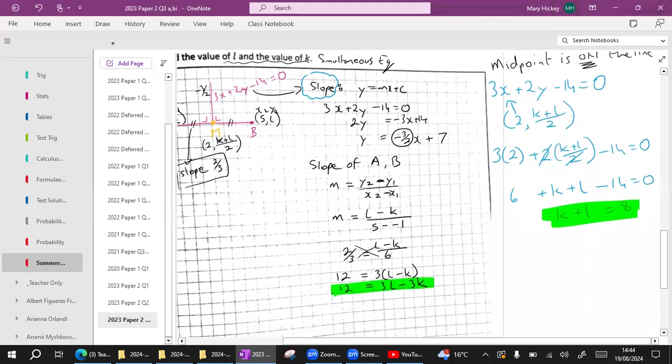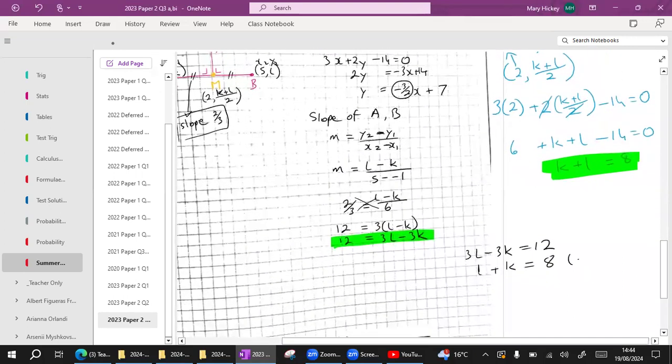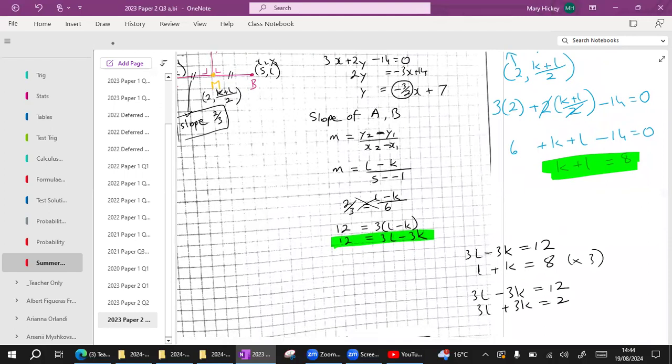Now it's a pretty easy enough simultaneous. So 3L minus 3K equals 12. You can leave it the way it was or write it the other way around, as long as your L's are under your L's and your numbers are under your numbers. The easiest thing to do is triple the bottom line here. So 3L minus 3K is equal to 12, and 3L plus 3K is equal to 24.